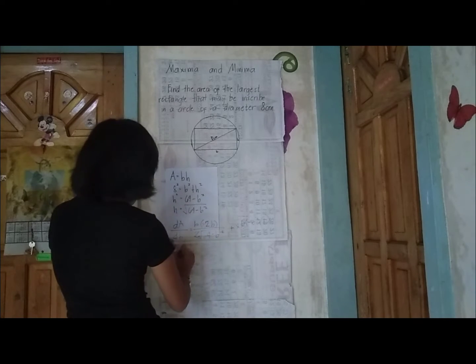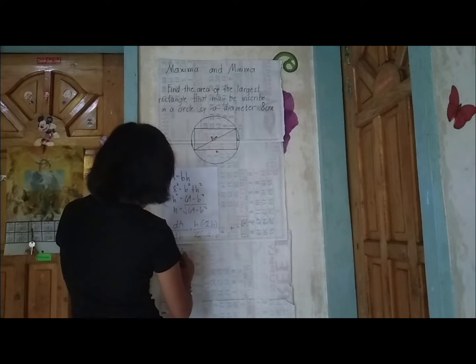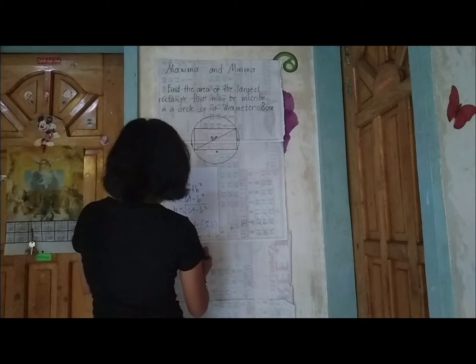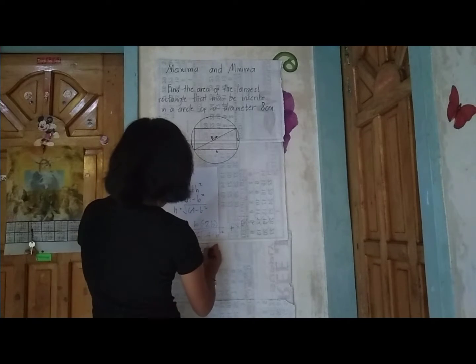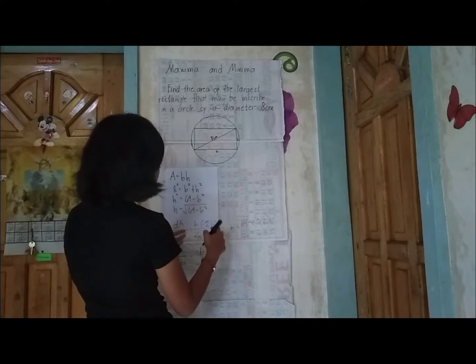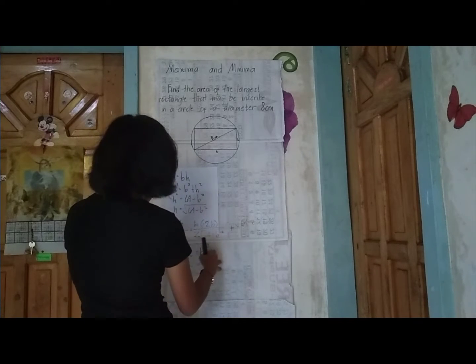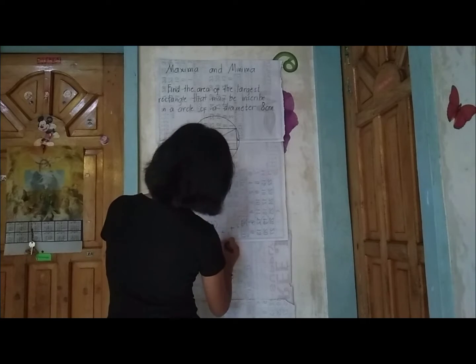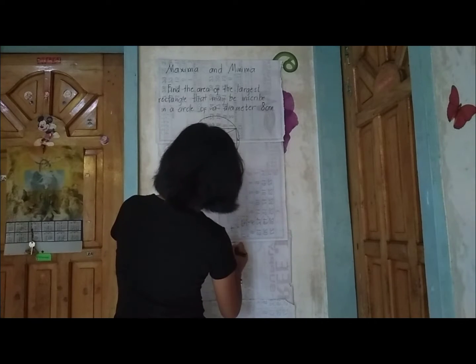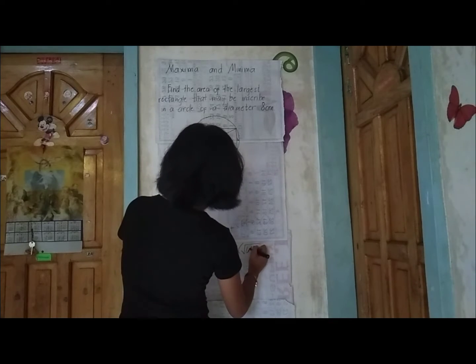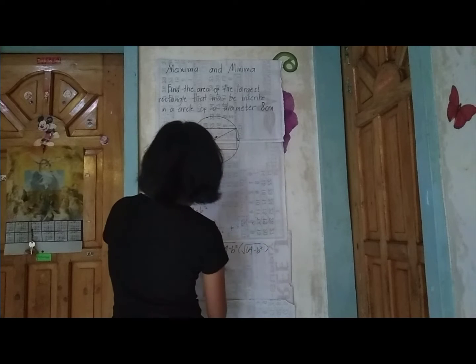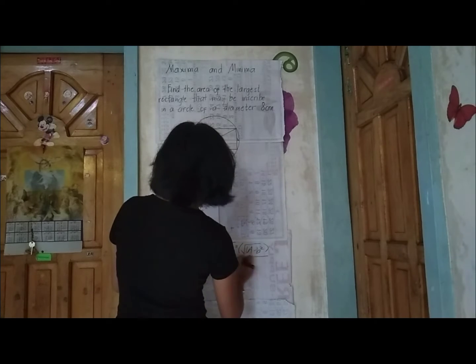Then the derivative of a with respect to its base is equal to negative b squared, because b multiplied to negative b is negative b squared, plus square root of 64 minus b squared times square root of 64 minus b squared over square root of 64 minus b squared.